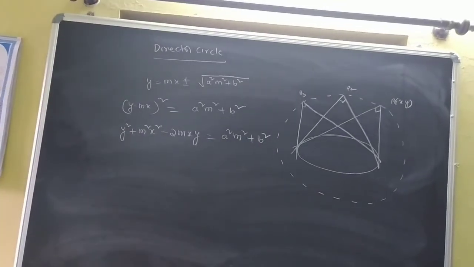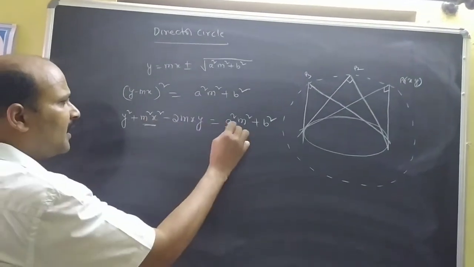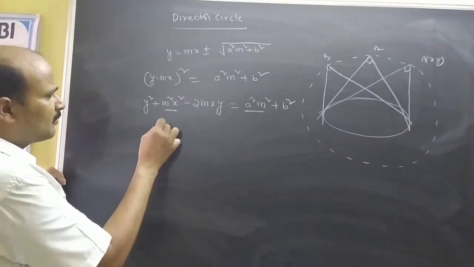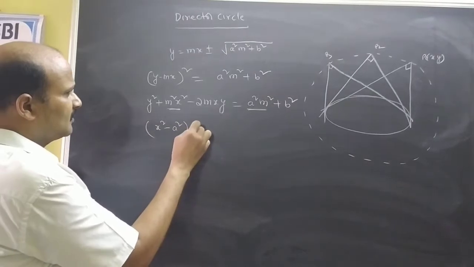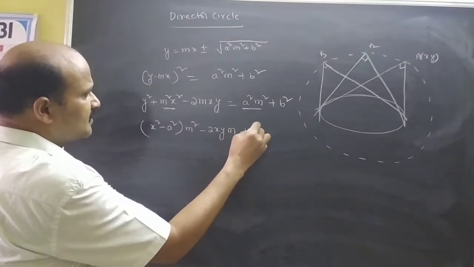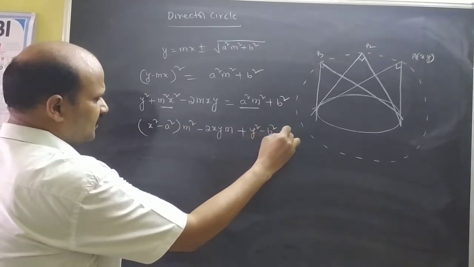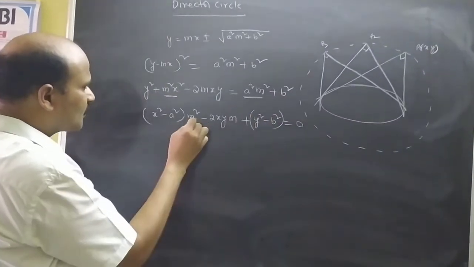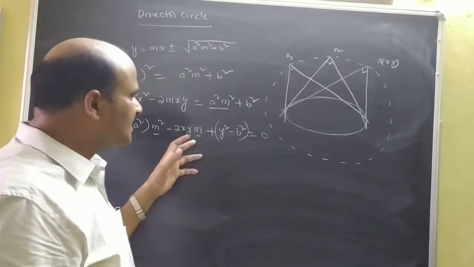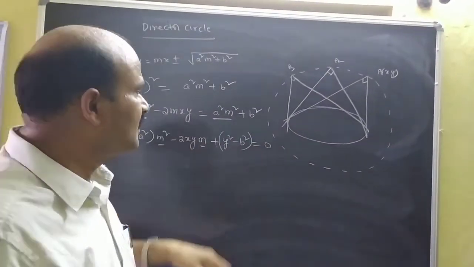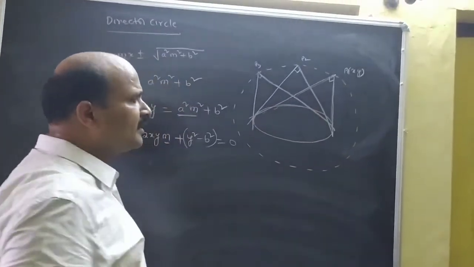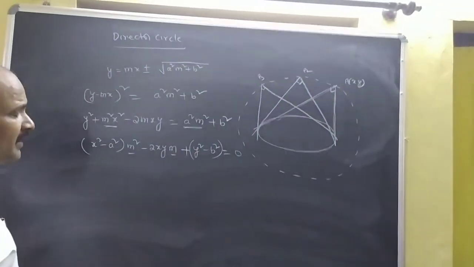If we transfer all these things, we make a quadratic equation in terms of m: x square minus a square into m square minus 2xy into m plus y square minus b square is equal to zero. This is a quadratic equation in terms of m, where m is the slope of the tangent. Since it is quadratic, there are two different tangents, so we get two different slopes, m1 and m2.